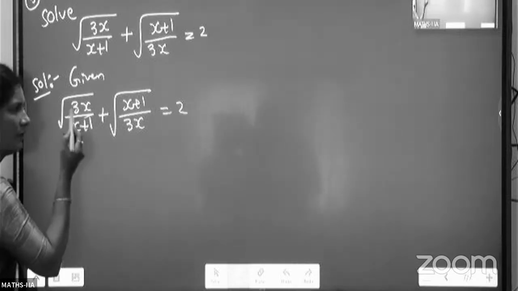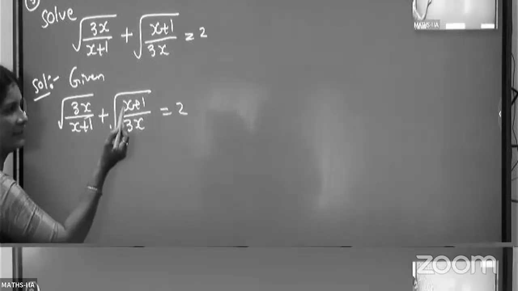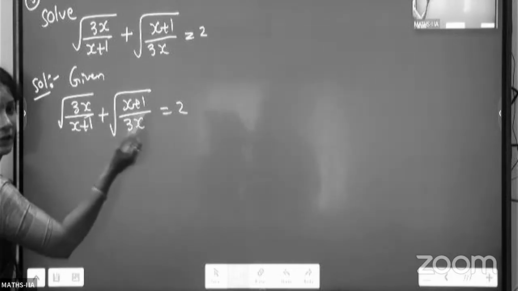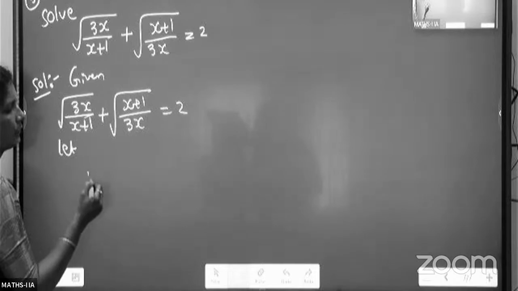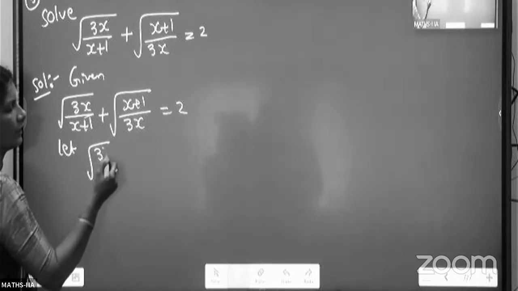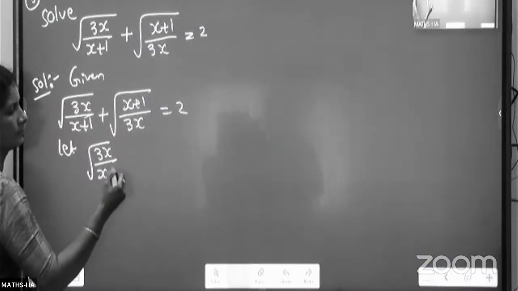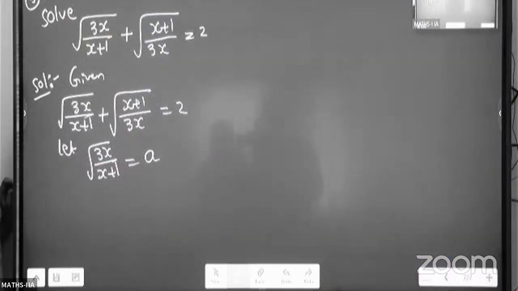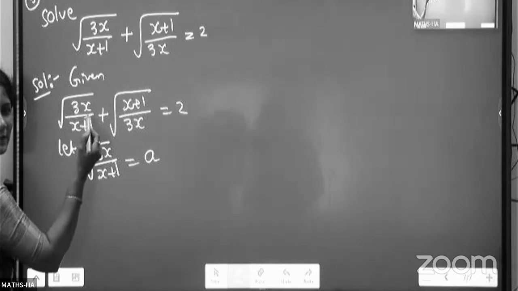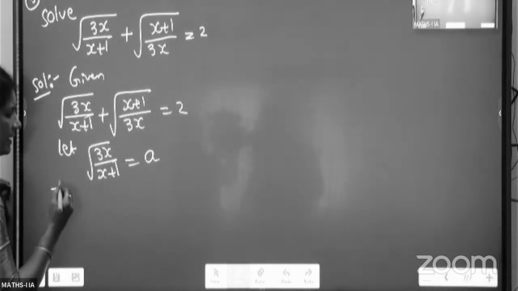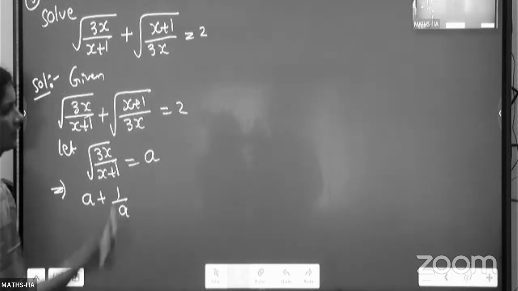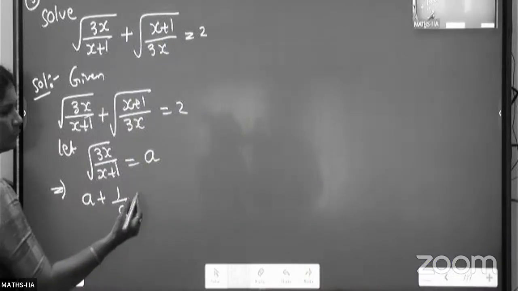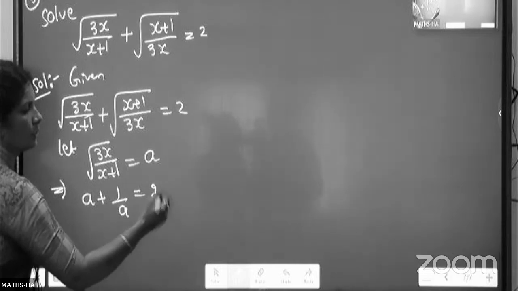If you observe, 3x by x plus 1 and x plus 1 by 3x are both reciprocals. So here, let under root of 3x by x plus 1 be equal to some constant a. If you take 3x by x plus 1 as a, immediately the other part becomes 1 by a because it is the reciprocal. So under root of x plus 1 by 3x becomes 1 by a, and a plus 1 by a is equal to 2.